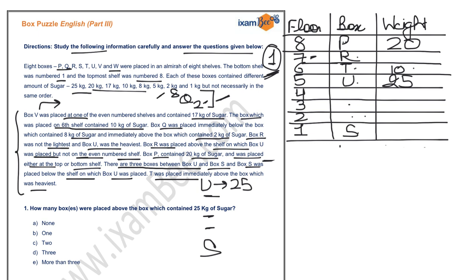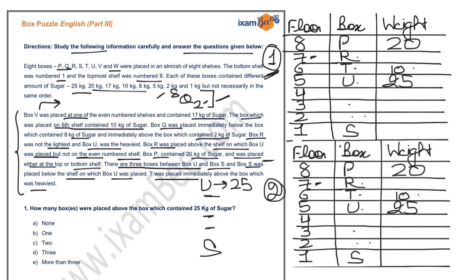So accordingly, I am forming the two cases wherein I am placing Q at second number position in my case number 1 and Q at third number position in my case number 2. So as per my case number 1, if Q is at position number 2, the box which contains 8 kg must be here and the box which contains 2 kg must be here. Accordingly, 8 and 2 are over here in your second case.